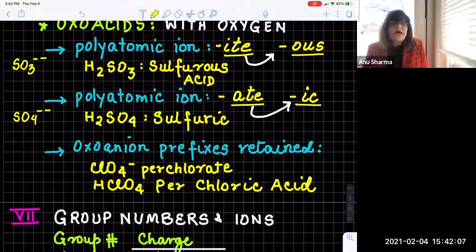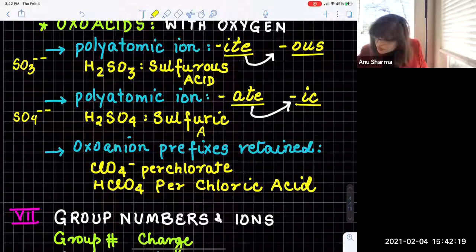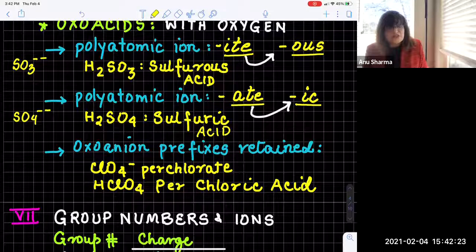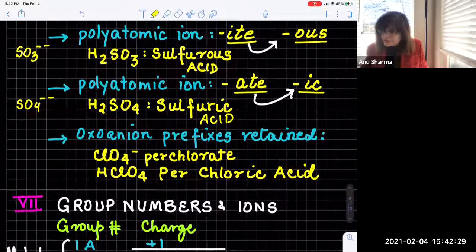So you see H2SO3 versus H2SO4. H2SO3, sulfurous acid, and H2SO4, sulfuric acid. So they are both ending in acid. The only thing that changed is, with respect to the polyatomic ion, their names change from ite to ous and ate to ic.